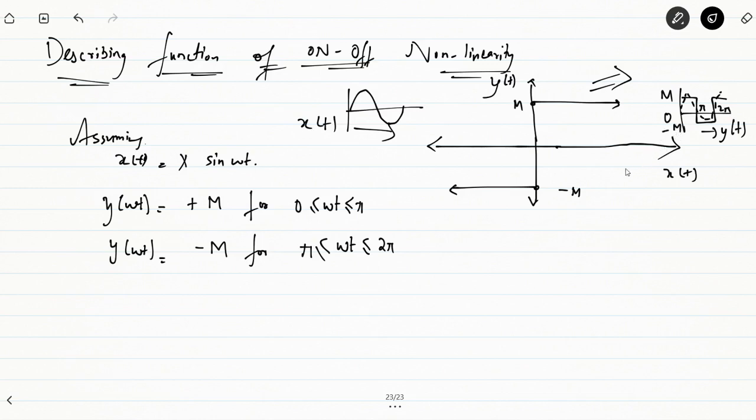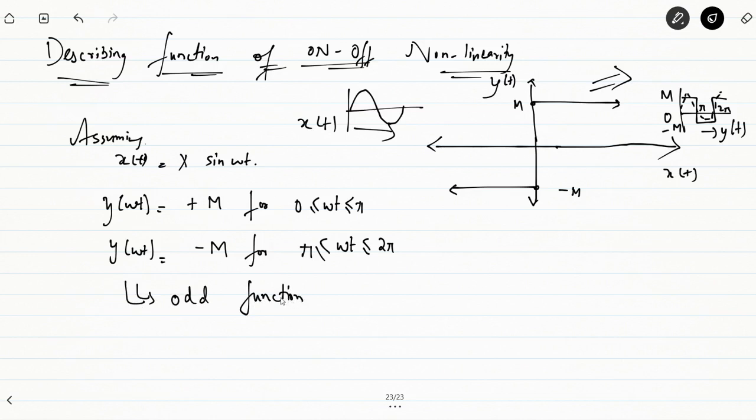This is not the fundamental component of the system. We need to analyze it using the Fourier transform. Furthermore, if you look at this behavior of y of omega t, it is an odd function, and it also has half wave symmetry.